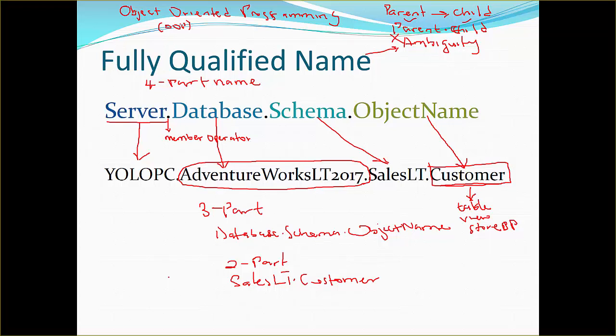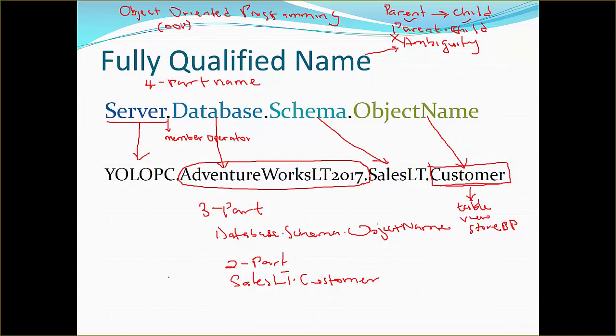We know that if we want to refer to an object, a table being one type of object, we can use the four-part name, server.database.schema.object name, to get to that object.